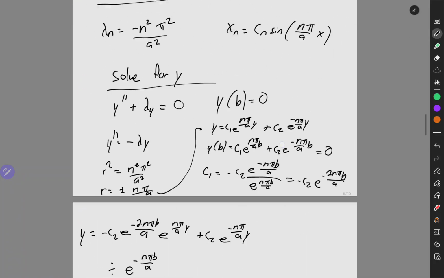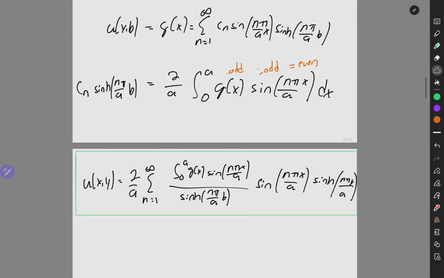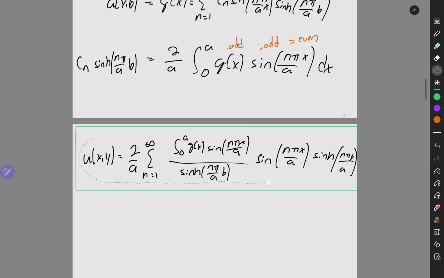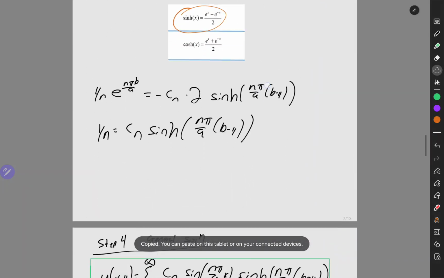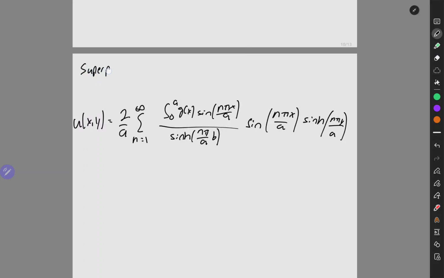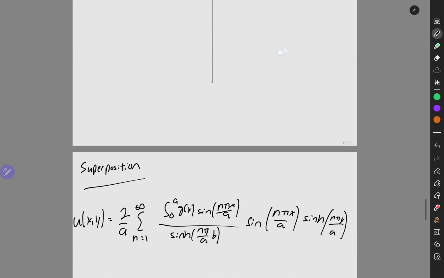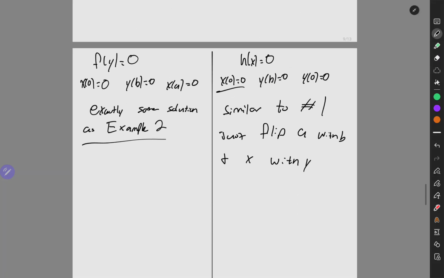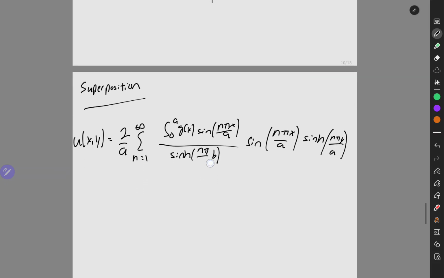So I'm going to go ahead and copy that solution for the superposition here. So this is the first half, so we're going to flip A with B. Put this on the other side of the rectangle.